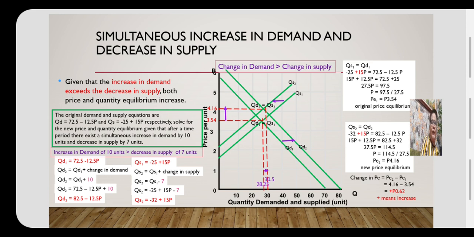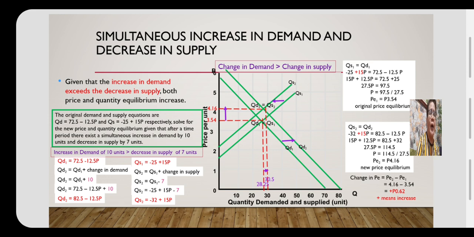So now that we have the new demand and supply equations, we can solve for the new price equilibrium. Just the same as what we have done earlier, the original price equilibrium is computed by equating the original supply equation to the original demand equation.